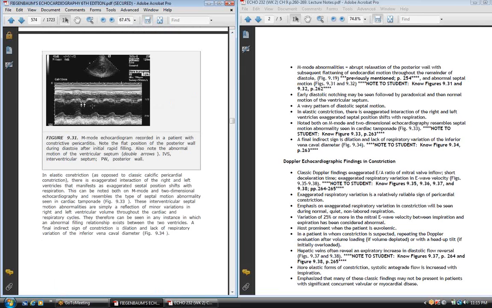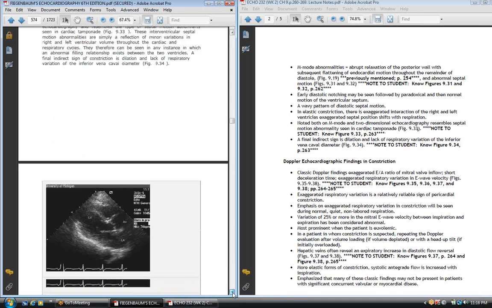Everything's the same size. If these gaps between the septum and the posterior wall change size with respiration, as the patient breathes, that is exaggerated interaction of the right and left ventricles. Noted both on M-mode and two-dimensional echo, it resembles the septal motion abnormality seen in cardiac tamponade.